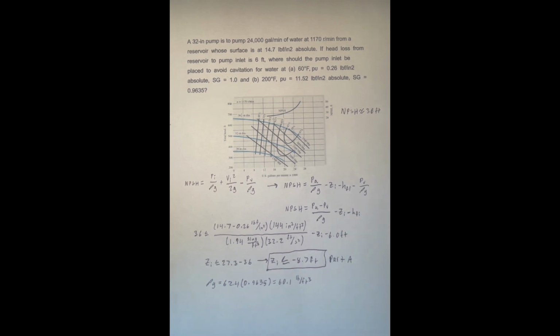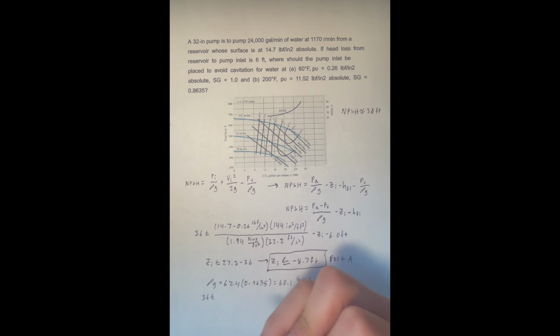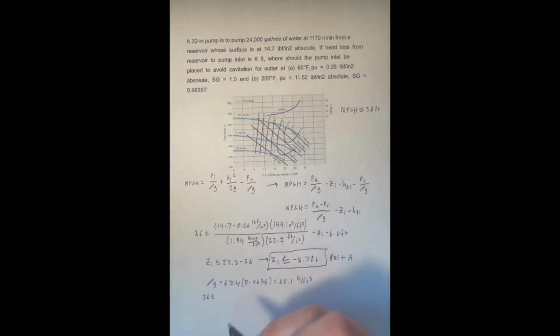Okay, now we can just plug this into the same equation that we had here and solve again for Z_i for part B. And in part B, nothing else is changing, so our NPSH value will also remain the same. The only thing that will change is this P_v value.